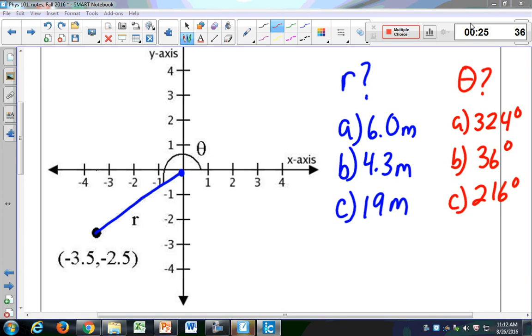Right now I'm asking the question, what is R? You need to find out what is the value for R, and then in just a moment I'll ask you what is the value for theta. Right now, what is R?